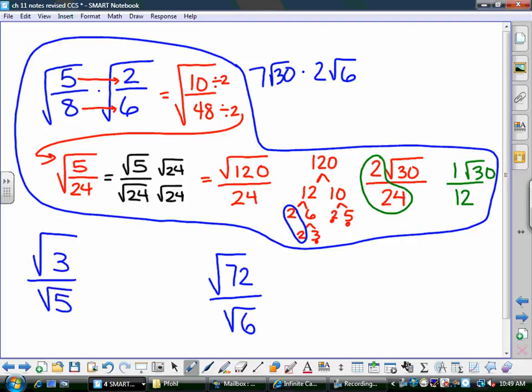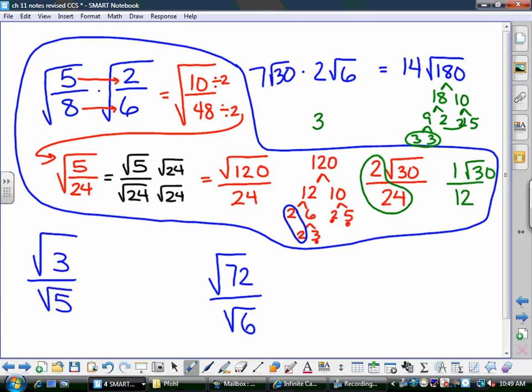This next one, I'm going to multiply the outside numbers together and then multiply the inside numbers together. Then I just need to break up the square root and see if it can be simplified. There are lots of ways to break it up, but at the end, you should get 3 times 3 times 2 times 2 times 5. So you've got a pair of 3's, one of those 3's will go outside.